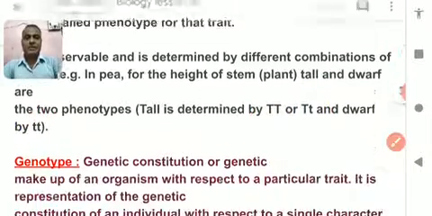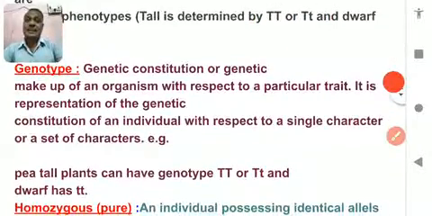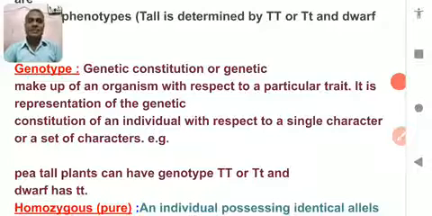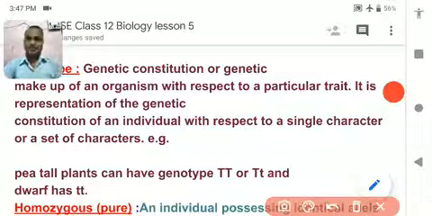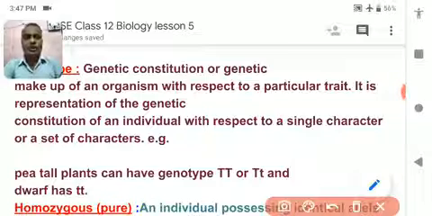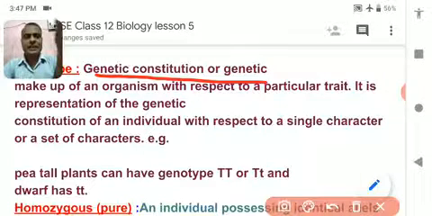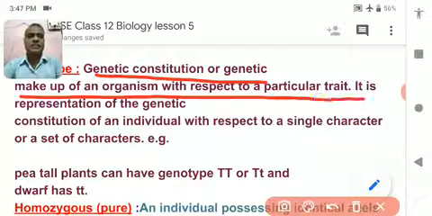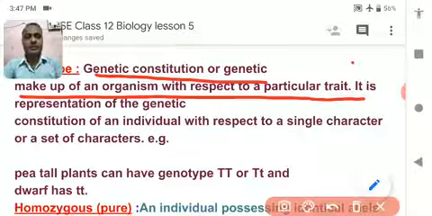Let's look at another topic, that is genotype, which a few minutes earlier I explained is the genetical makeup of an organism. The genetic constitution of an organism with respect to a particular trait is represented by its genetical constitution.